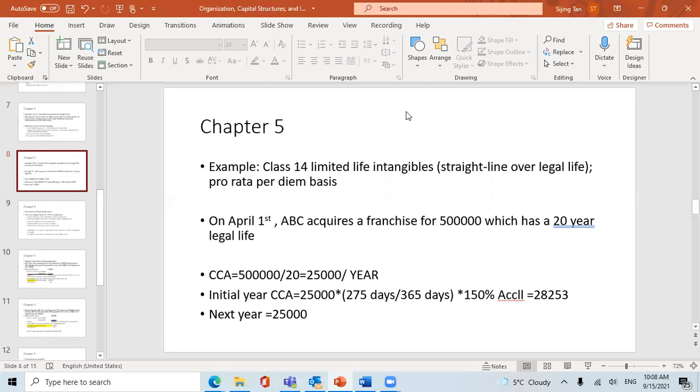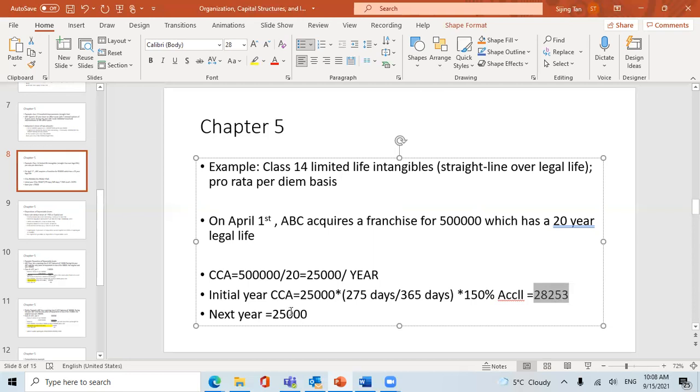So you use $25,000 times April 1st to December 31st, which is 275 days, divided by 365 days, times 150% to apply the accelerated investment incentive rules. That equals $28,253. So in the first year when you acquire the franchise, the max CCA deduction will be $28,253.